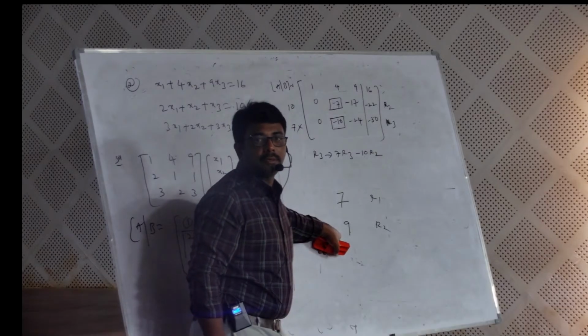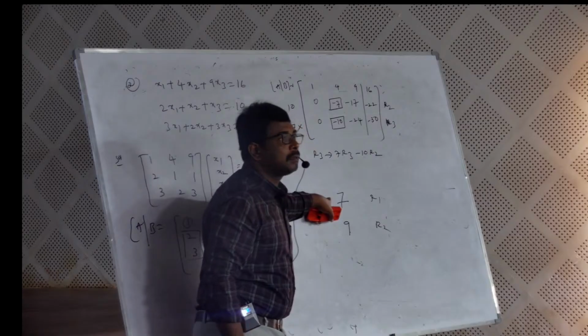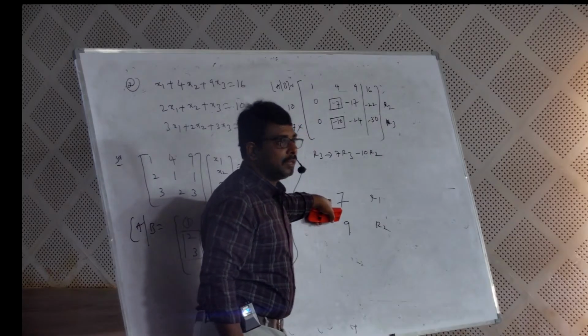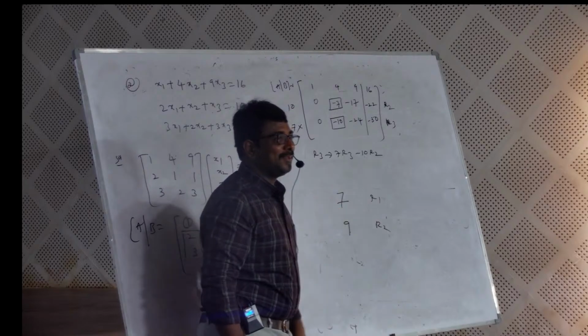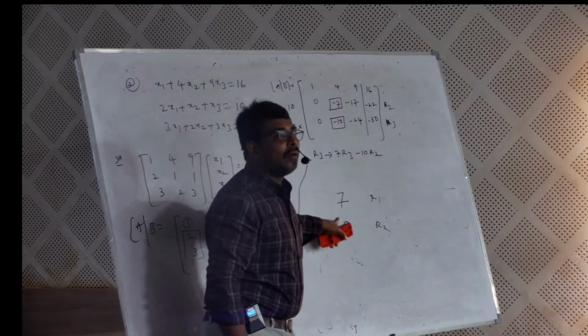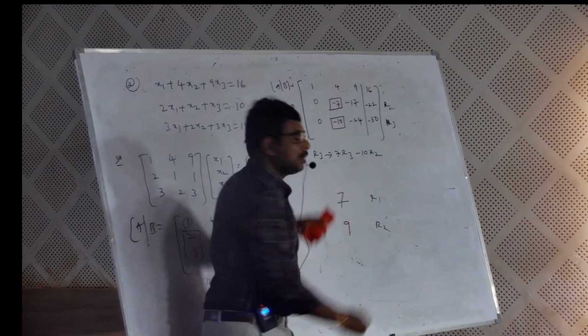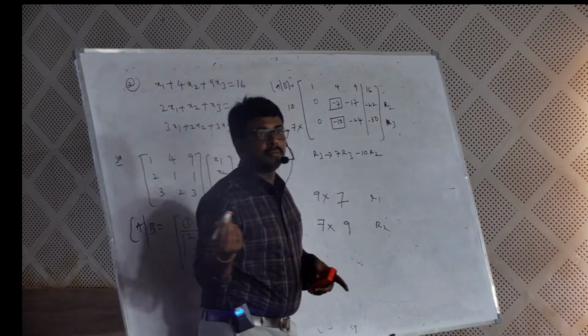That's it. How do you make this 90 using 7? Tell me everyone. How do you make this 90 using 7? 7, 9. Okay?